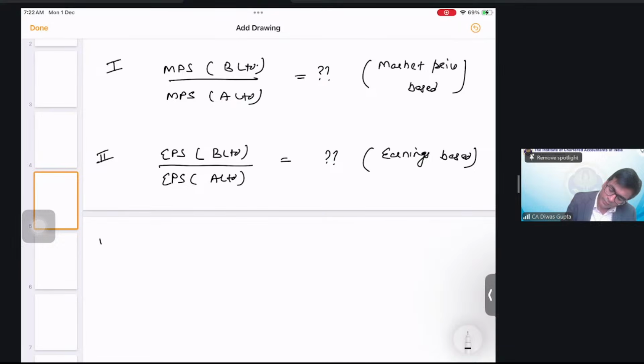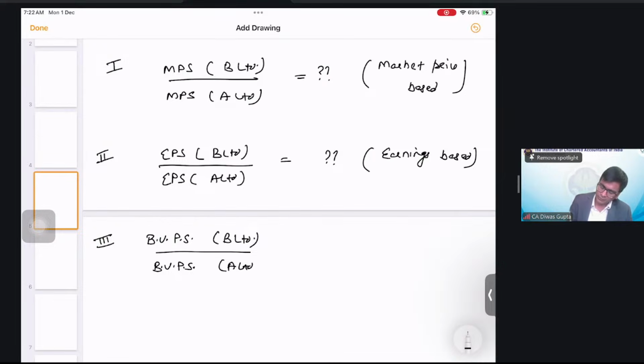Clear? Then third is actually book value per share of B Limited divided by book value per share of A Limited.